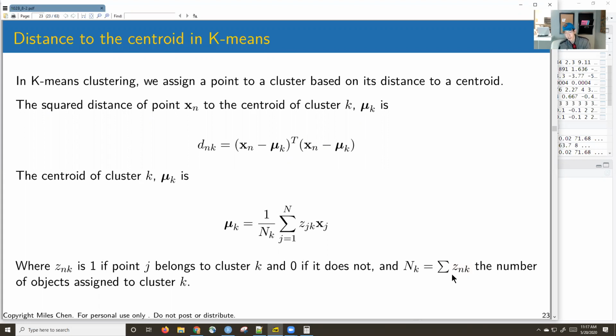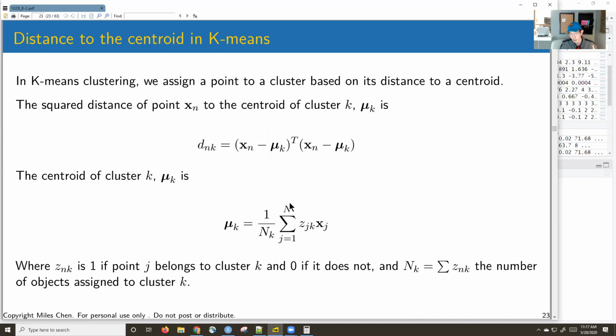All right, the next slide looks absolutely crazy, at least in my opinion. But all I'm going to do is take this summation quantity and plug it in for mu sub k. Right now I've got the squared distance from some point x to the centroid as x minus mu sub k transpose x minus mu sub k.